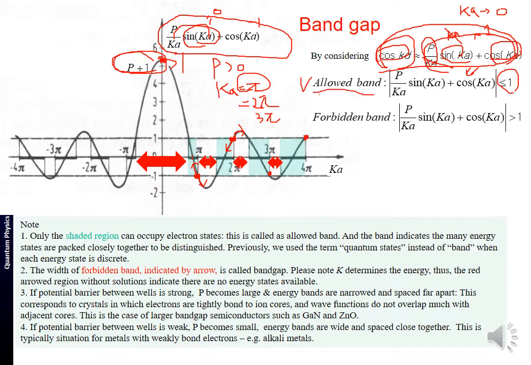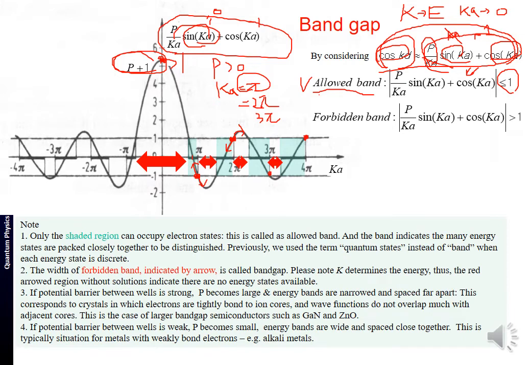We see there exists a solution, and the solution assigns a large K value. The large K value will fix the energy. So we have a certain energy value for the electron. Then we say that the electron has an energy state.